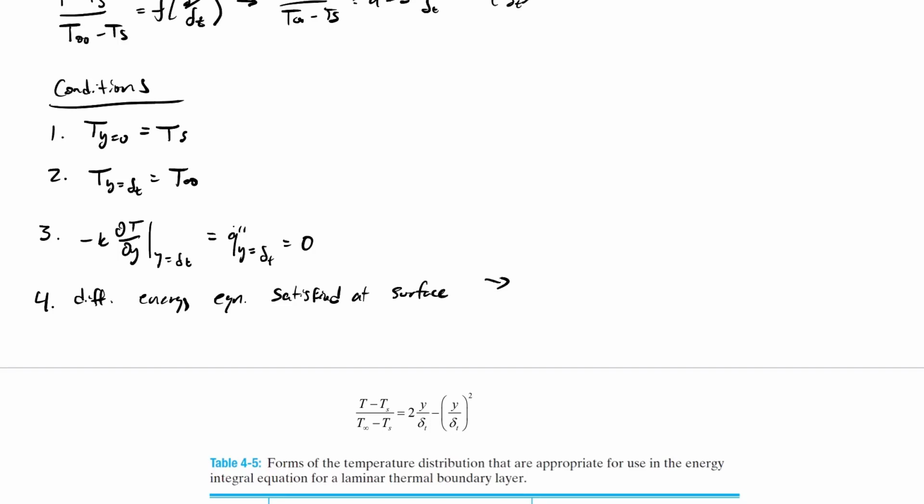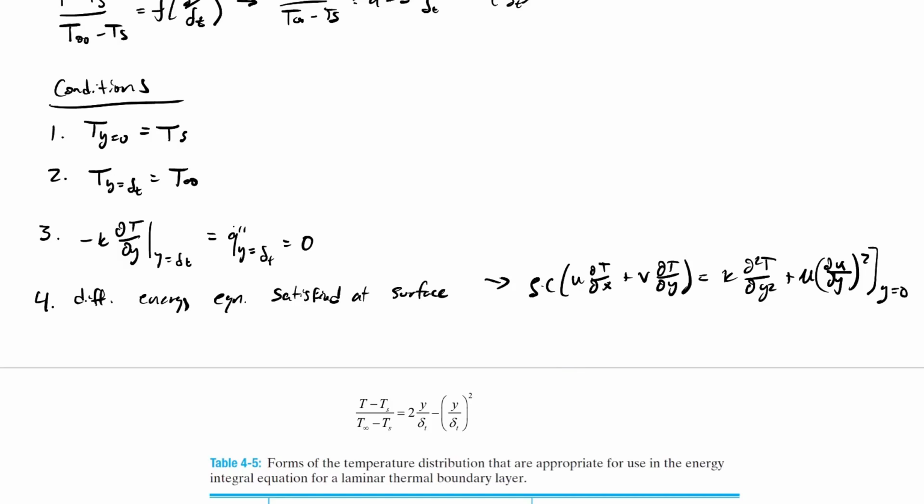And so that would be something like this: rho times C times (u dT/dx plus v dT/dy) is equal to K d squared T/dy squared plus mu (du/dy) squared, all that evaluated at y equals 0. So that's the equation we would want if we had enough coefficients to satisfy.